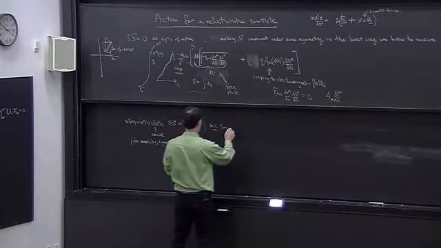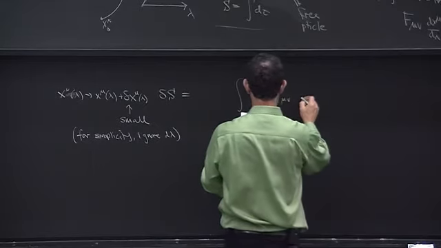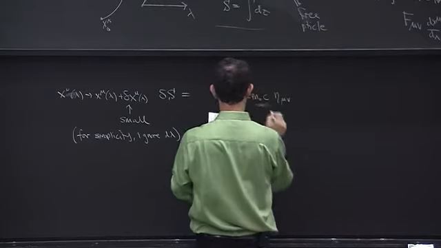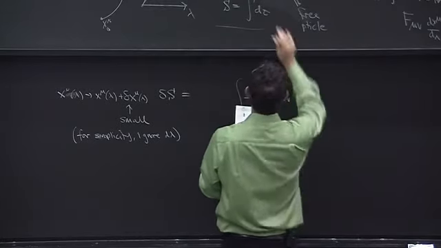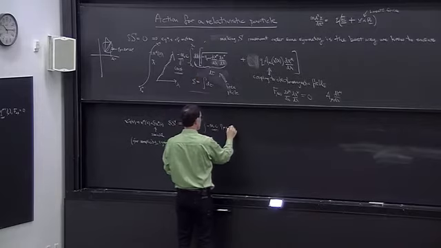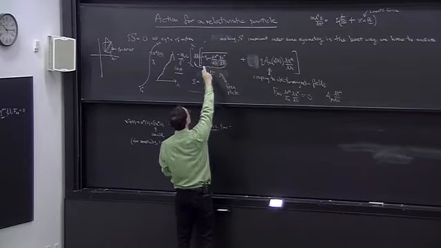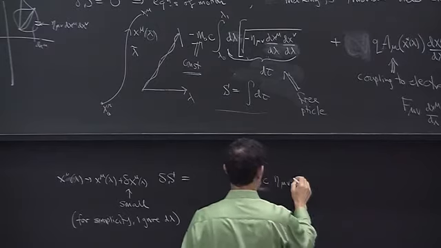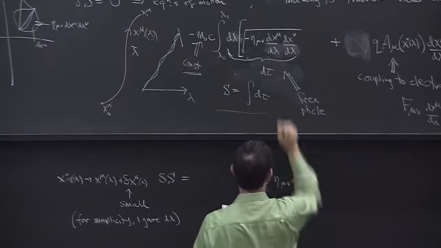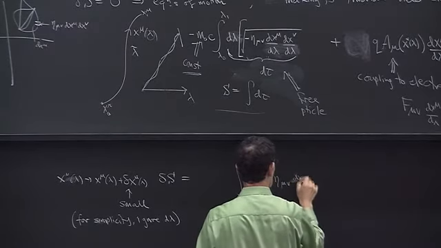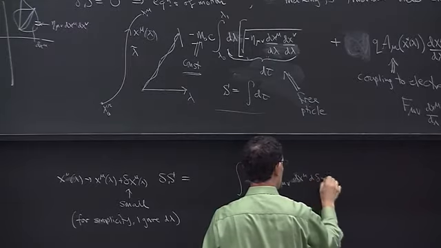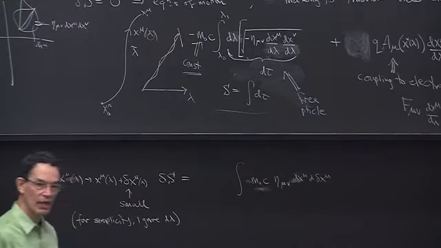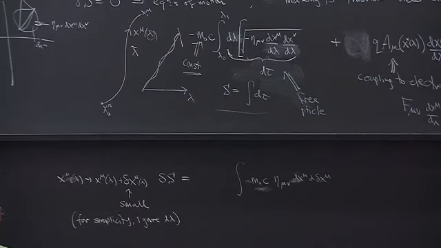So let me just write down the answer. We have minus m naught c, and then from varying the argument, I get another minus, which cancels the first minus. And then I get eta mu nu dx mu d delta x mu in the numerator. As I said, I'm just forgetting the d lambdas, because they always cancel anyway.